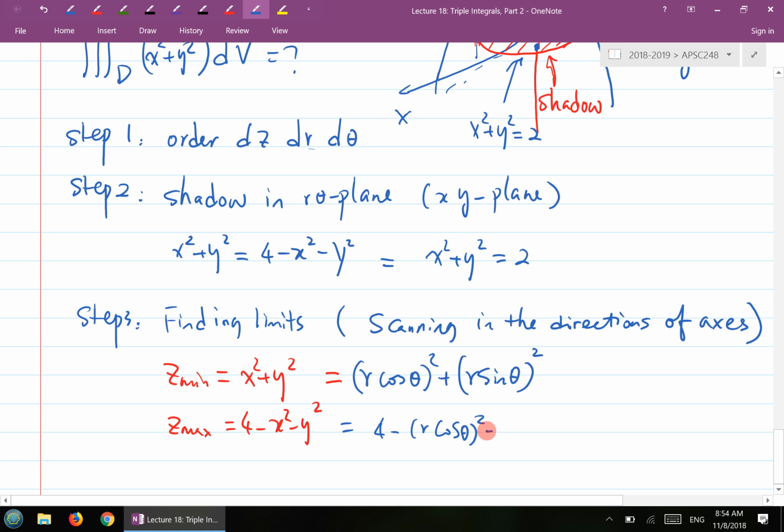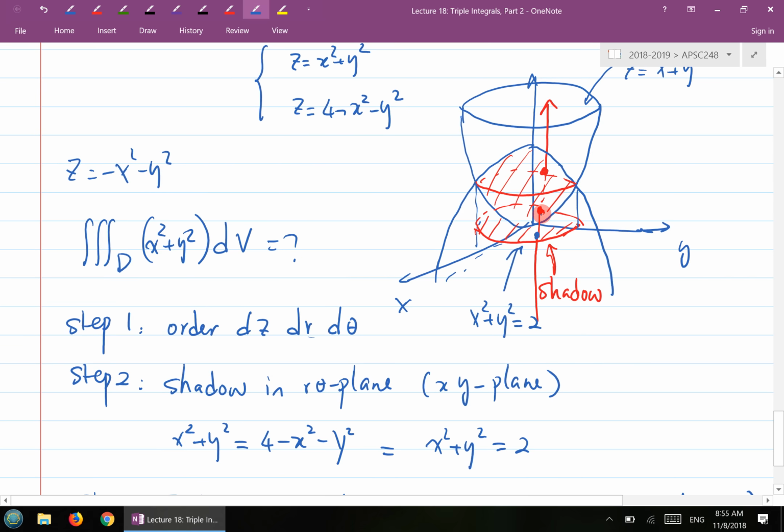Again, the simple trig identity, you have to apply it here in order to simplify it. So the first one gives you r squared, and the second one gives you 4 minus r squared. So now you have your z in terms of its own cylindrical coordinates, r and theta.